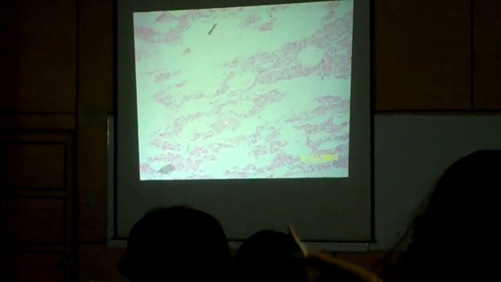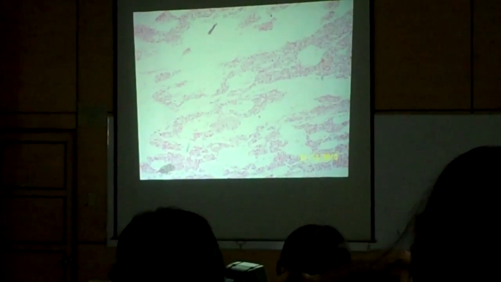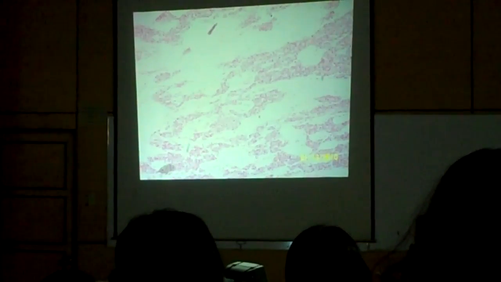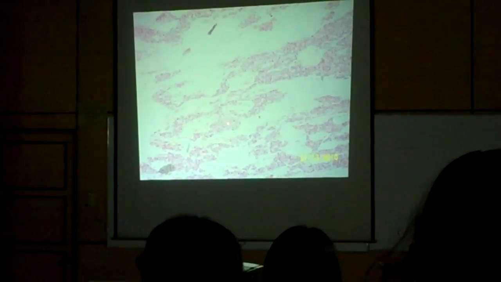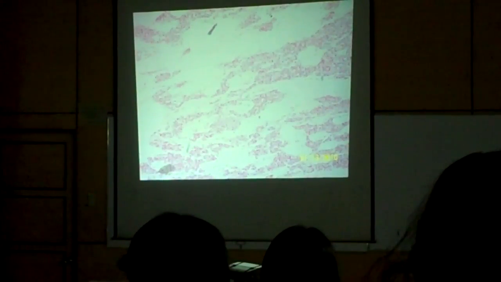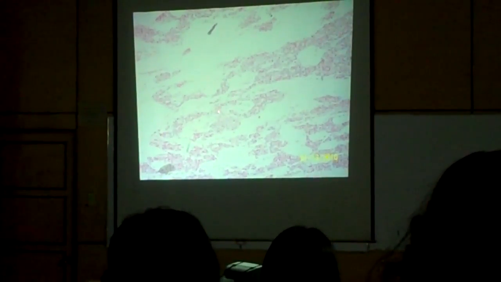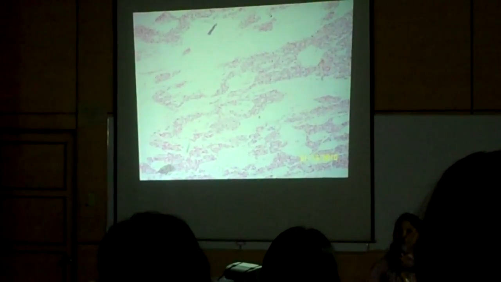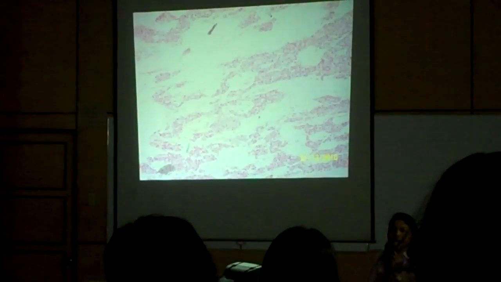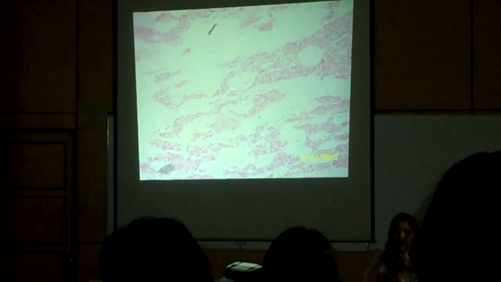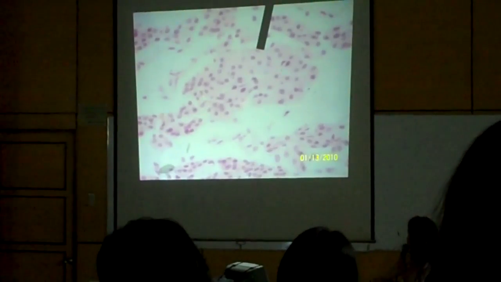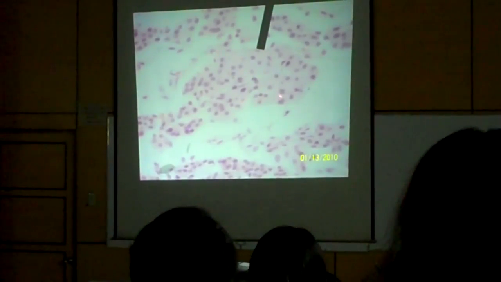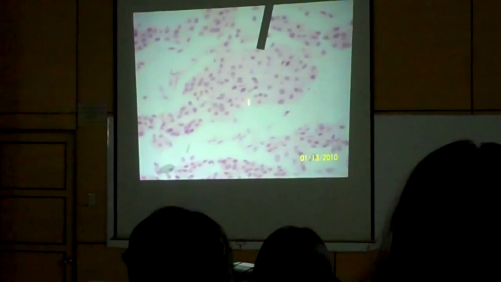But this is a group of cells larger than the chief cell, with more cytoplasm, which is pink, and the nucleus is central and round. So these are the other cell, the oxyphil cells.